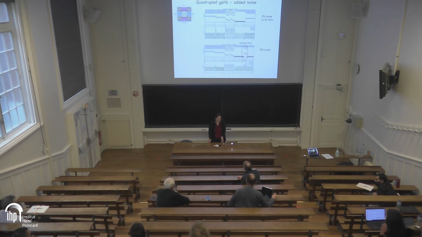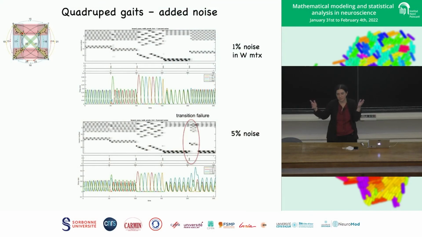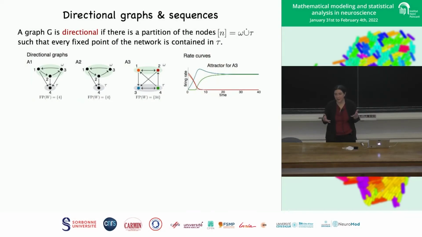In some cases, yeah. It depends. You're thinking of a network that has some kind of feed-forward structure? There are different ways of defining the feed-forward structure. We have a dynamic feed-forward structure that we define, and that's the last part of my talk I didn't get to. We're thinking about these directional graphs, and what makes a graph directional is that there's a subset of the nodes that supports all of the fixed points.